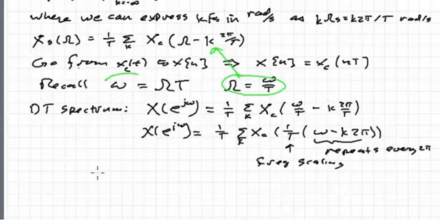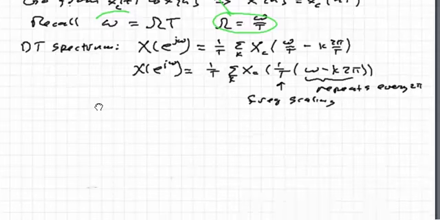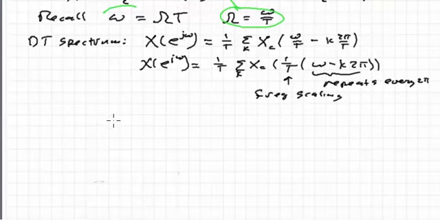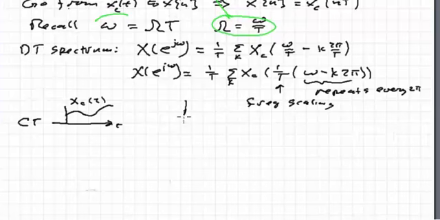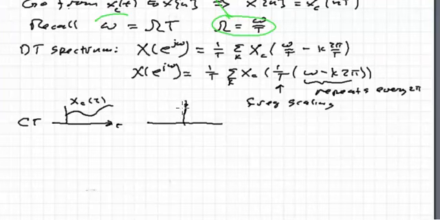All right, so let me jot down a little example to illustrate the same examples we've been doing. So in continuous time we have this signal as a function of t, and it has a spectrum that looks like that.